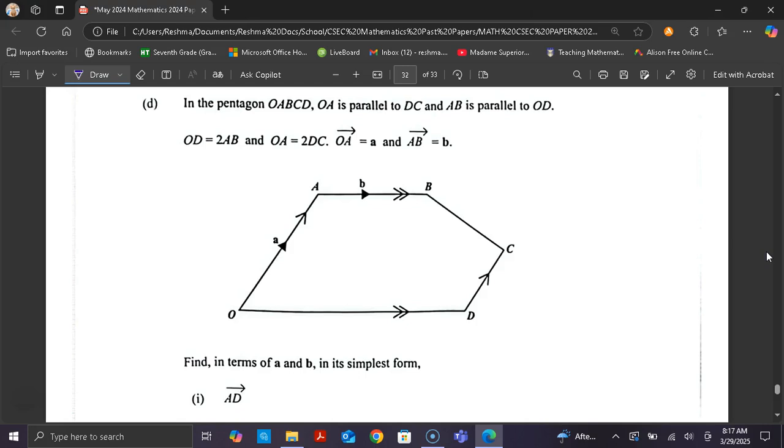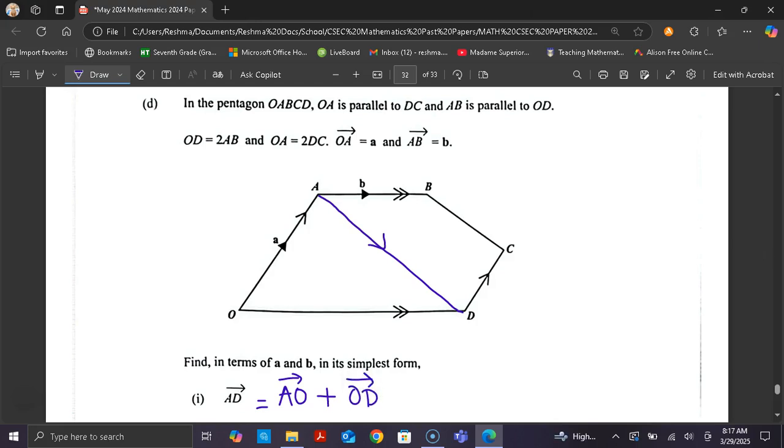Okay, so let's draw in vector AD. And let's come up with a statement in order to find AD. So if you follow the arrows, AD will be equal to AO plus OD.